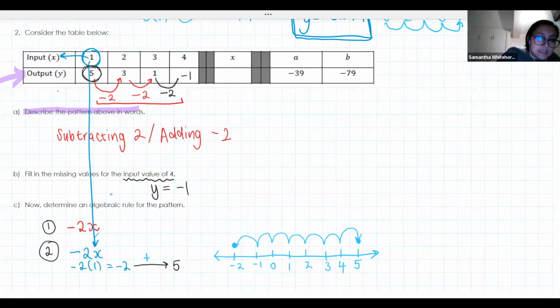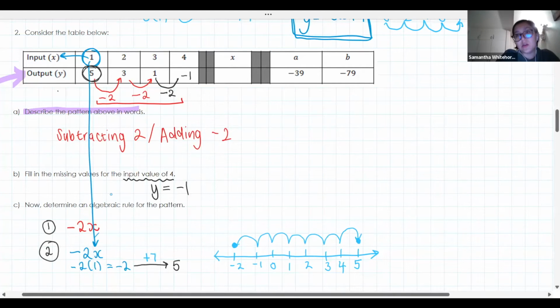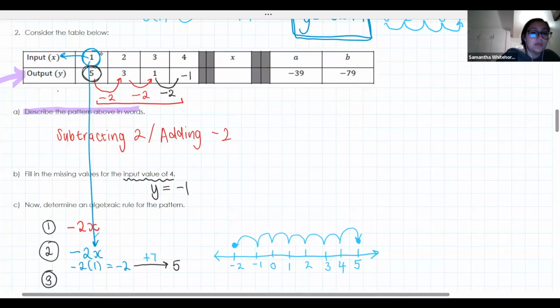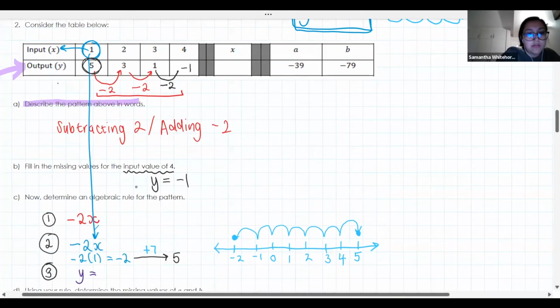So I need to add 7 to -2 in order to get 5. That then leads me to getting my rule that says to me that if I want to get my output of y, I need to follow the rule of -2 times x plus 7.